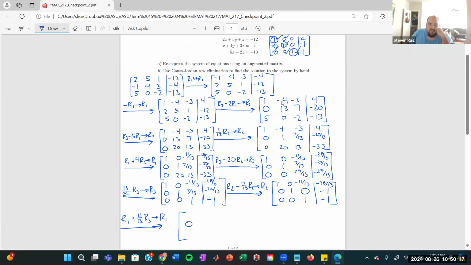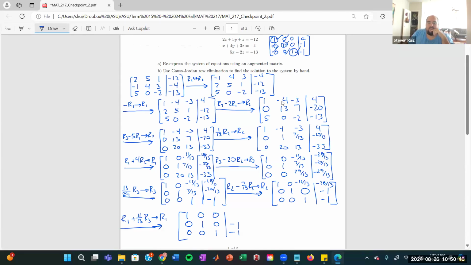So row 2 and row 3: 0 1 0 negative 1, 0 0 1 negative 1. Okay. I want to take row 1, which is negative 11 thirteenths, and add 11 thirteenths times 1. That's going to give me a 0.